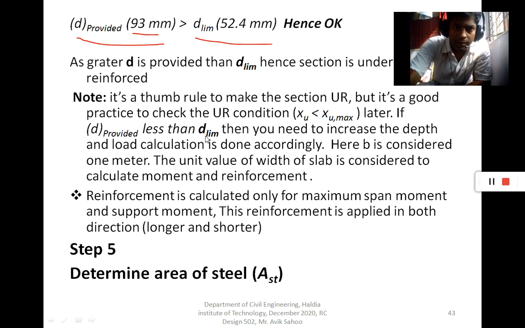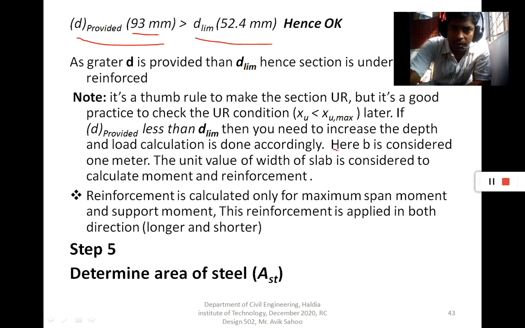If D provided is less than D minimum limiting, then you need to increase the depth and the load calculation is done accordingly.